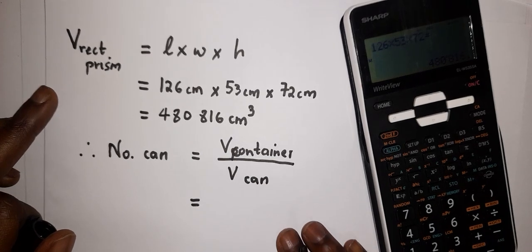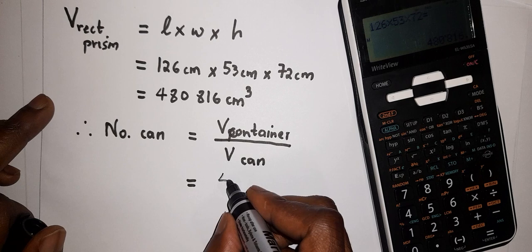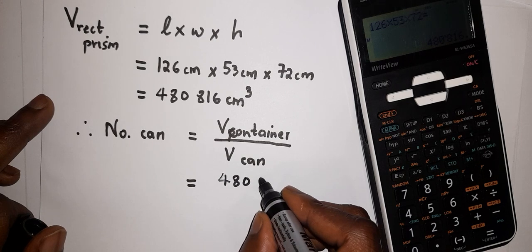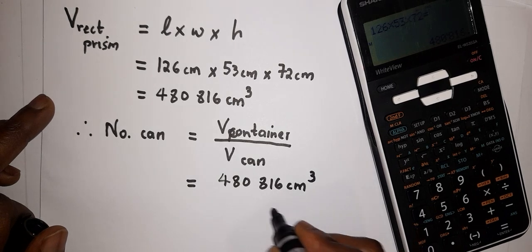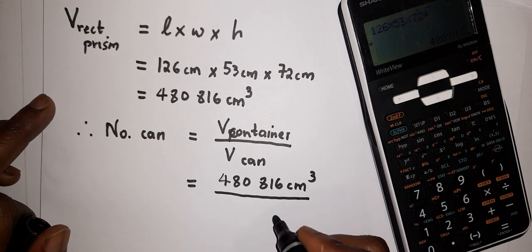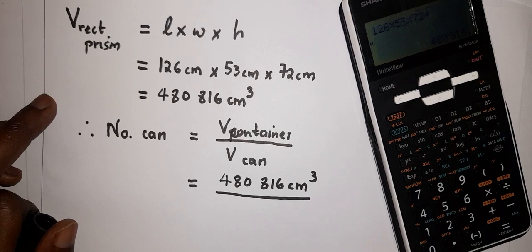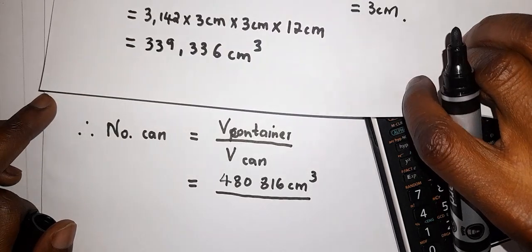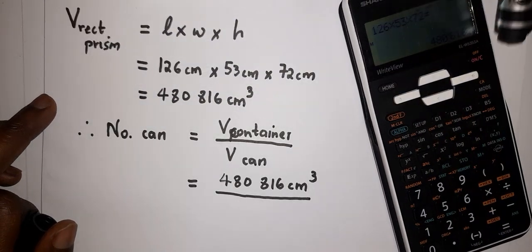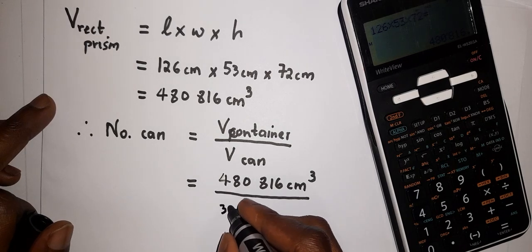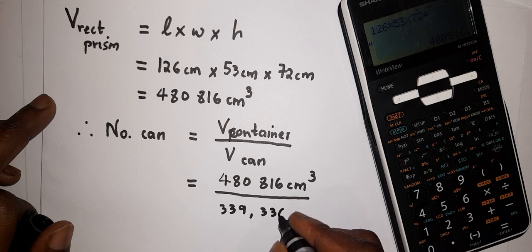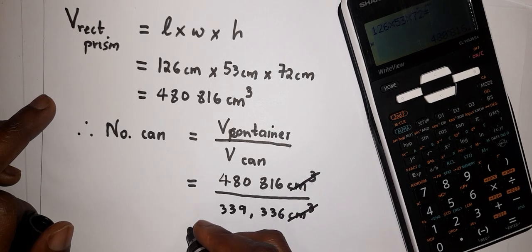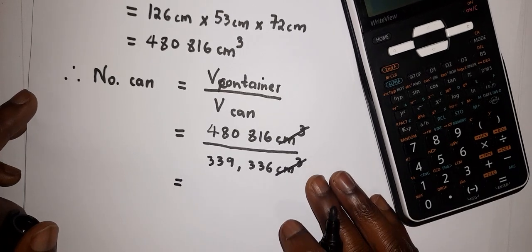Then the volume of the container, which we just calculated, is 480,816 cubic centimeters divided by the volume of one can, which we calculated, ladies and gentlemen, to be 339.336 cubic centimeters. Again, cubic centimeters, they cancel because the units are exactly the same.